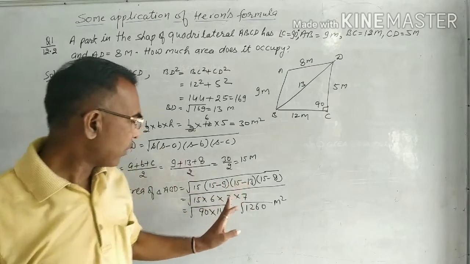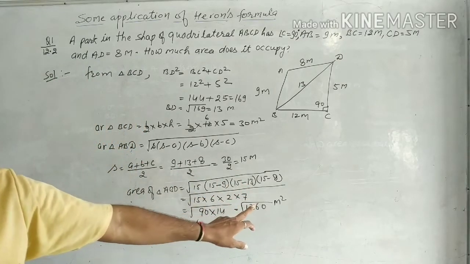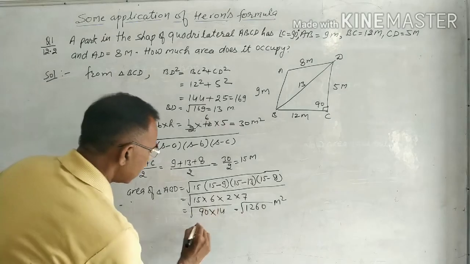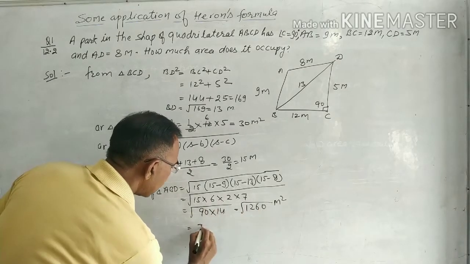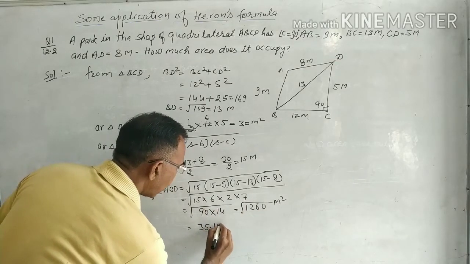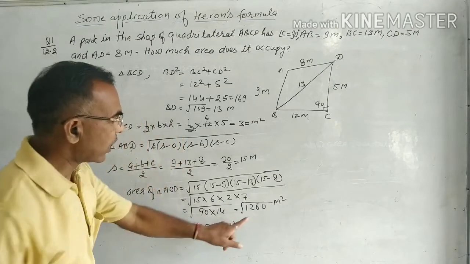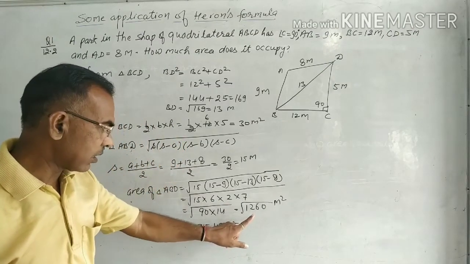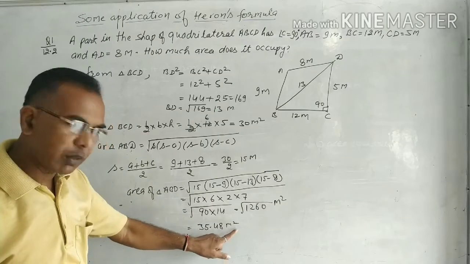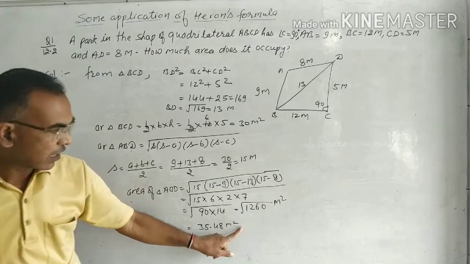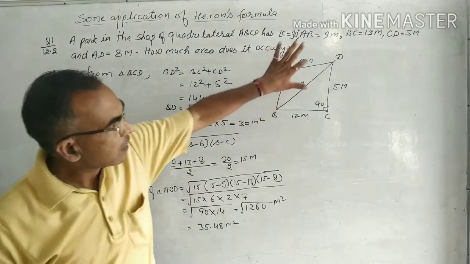Now we find the square root of 1260 by the long division method. So we get 35.48 meter square. This is the area of triangle ABD.